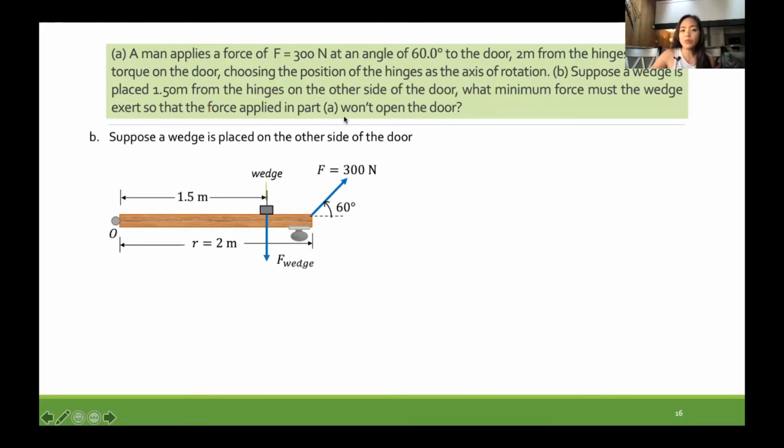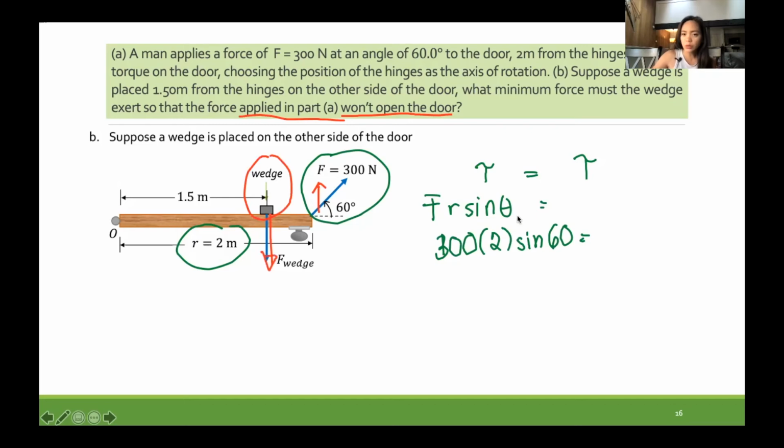Now, when you say it won't open, that means the torque should be equal to 0. So let's solve for this one first. The torque on this side should be equal to the torque on the other side. So for this one, we have the force, the R, and the sine theta. So the door will not open.